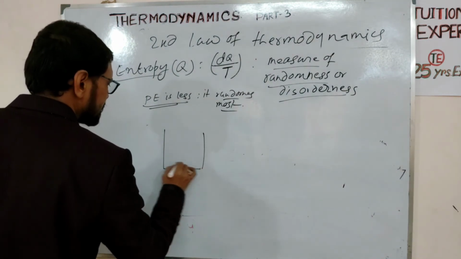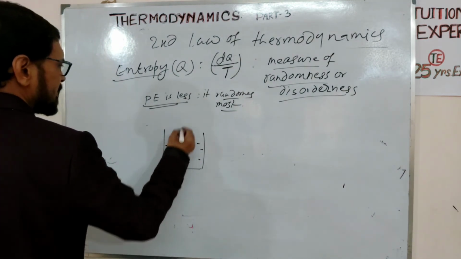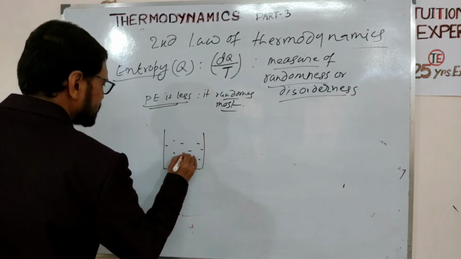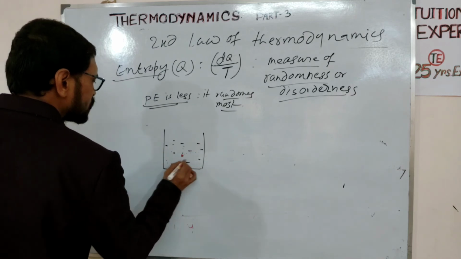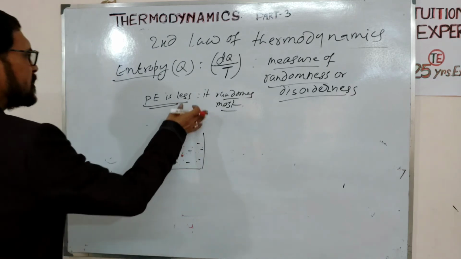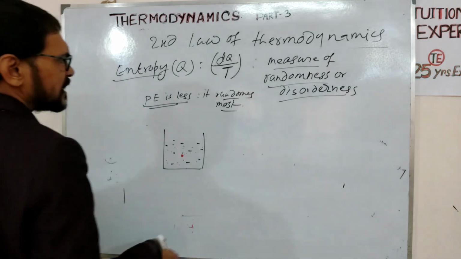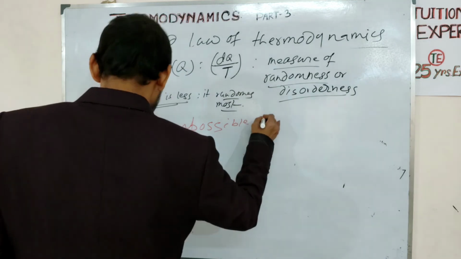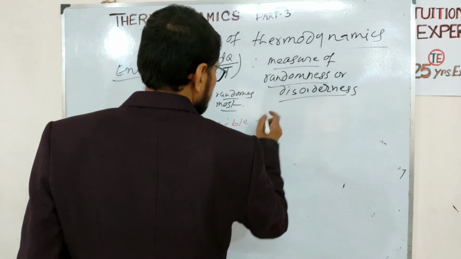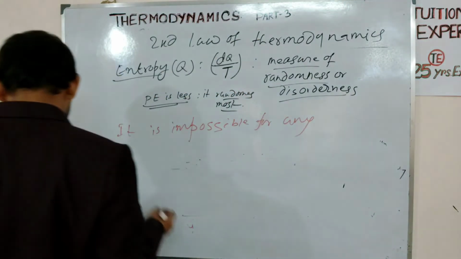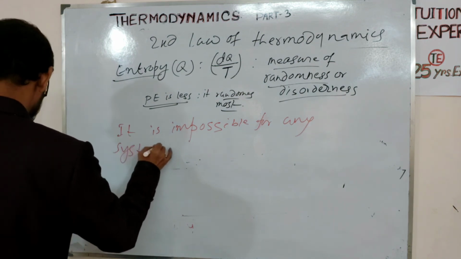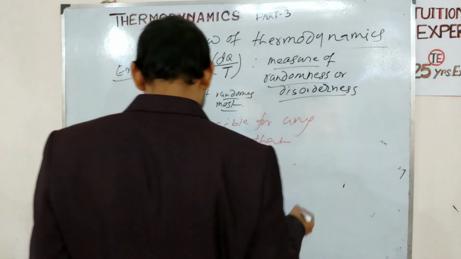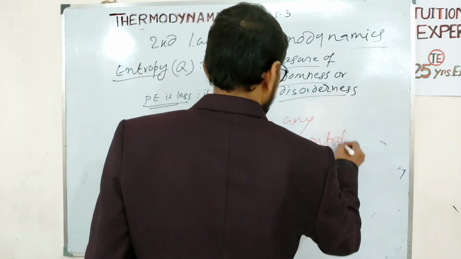Suppose water is contained in a container and some ink is dropped here. When the ink molecules spread throughout the water, its entropy increases, that is, disorderliness or randomness increases. It is impossible for any system that entropy is destroyed.